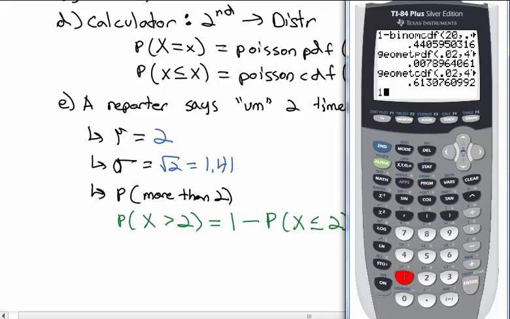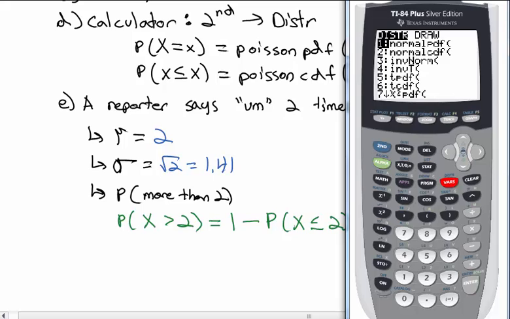So we type in 1 minus second distribution. Again, we're going to scroll up, and you see between the binomial and the geometric is the Poisson. We're going to do the cumulative distribution function because we want to go all the way up to a value. Now here's an important difference, the calculator is going to ask you for a lambda. Lambda is a different Greek letter, but it means the same thing as mu.